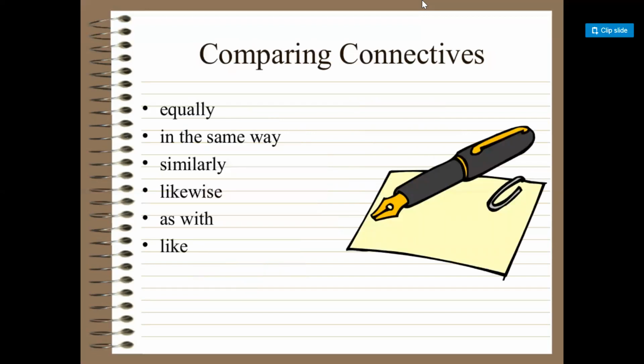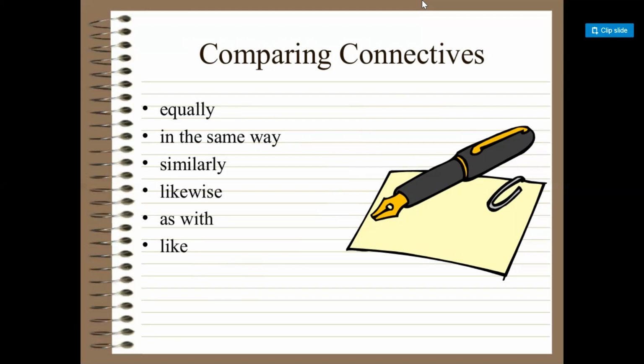The next one is comparing connectives. Comparing means to compare two or more ideas and to show their similarity. For instance, we can say he is clever, similarly his brother is intelligent.